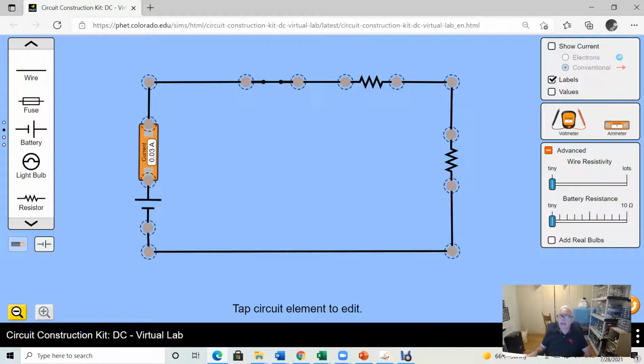Then I can connect other ammeters too. We can connect an ammeter after resistor 1. Let's cut this wire and connect an ammeter right in here.